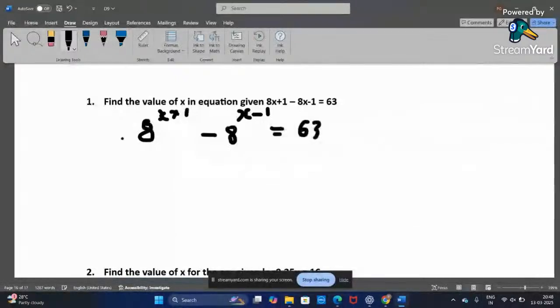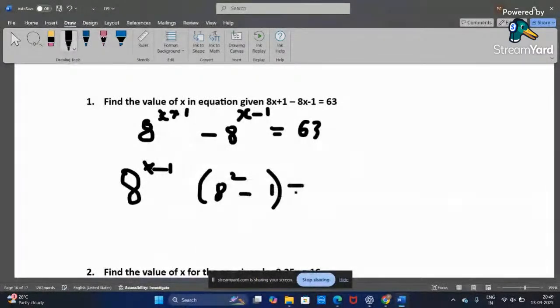Now what you have to do, we can reduce this to the form of 8 to the power x minus 1, taking it common from the equation. 8 square minus 1, that is 63.